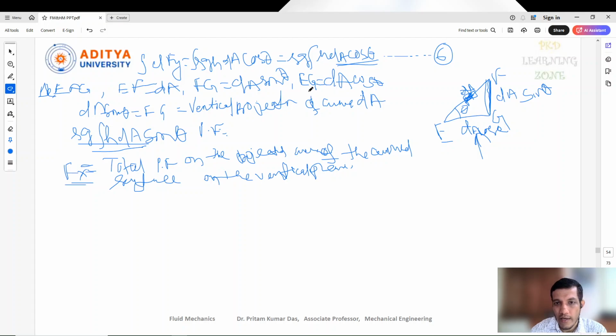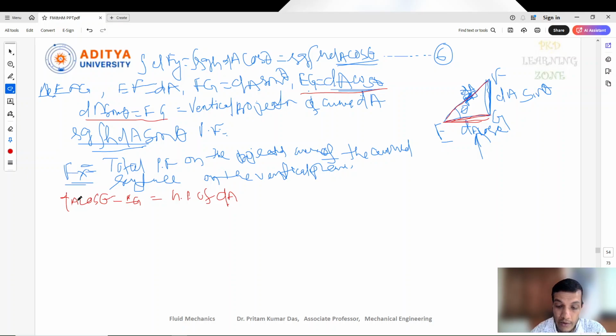For the y component, we got EG, that is dA cos theta, similar to FG with dA sine theta. So EG equal to dA cos theta is the horizontal projection of dA, as I already told you in this diagram.